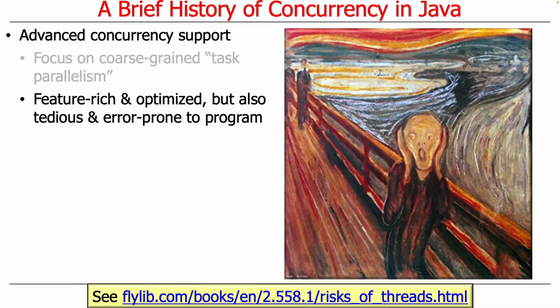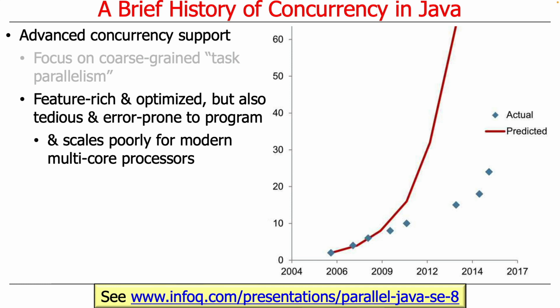This particular abstraction is very feature-rich, very optimized, very clever, but it's also, honestly, a bit tedious and error-prone to program, and doesn't scale well for modern multi-core processors. So as you start getting lots and lots more cores, which we have today, this model doesn't really scale up very well, even though it's better than the alternative that was Java 1.